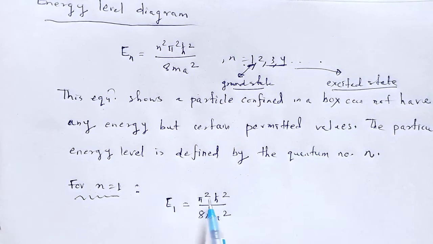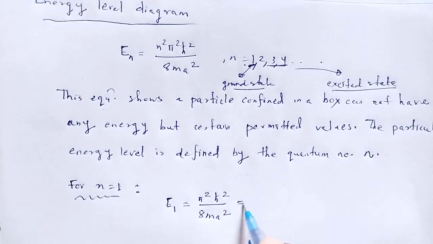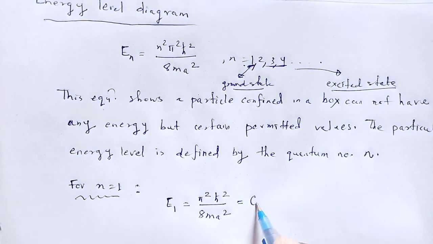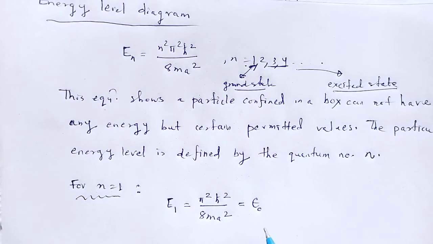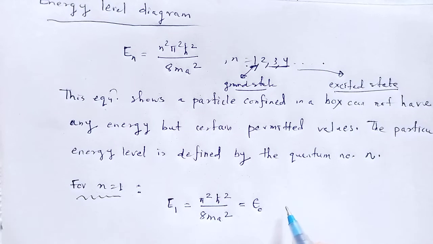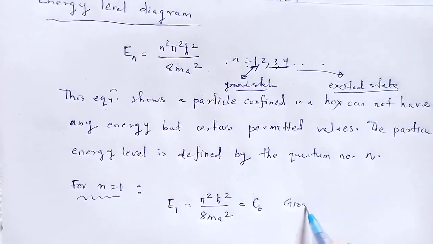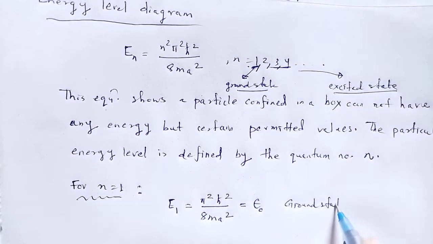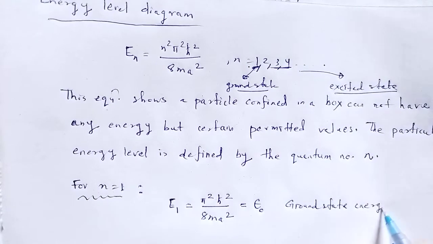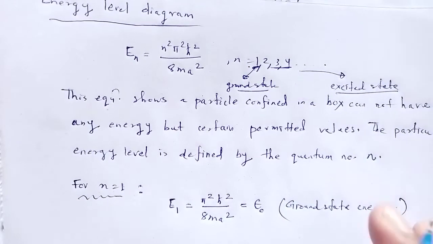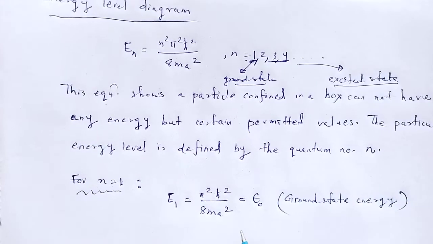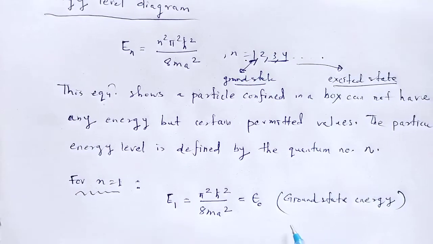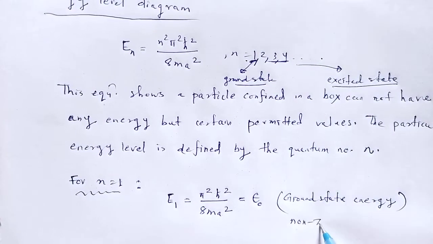Here for n equal to 1, the value pi square h square divided by 8 m a square, we assume it as epsilon naught, the ground state energy. This ground state energy is non-zero.